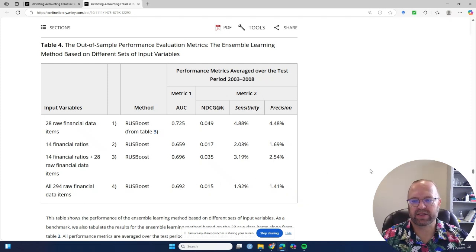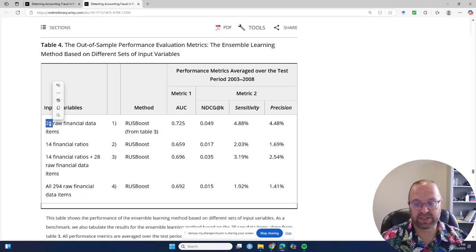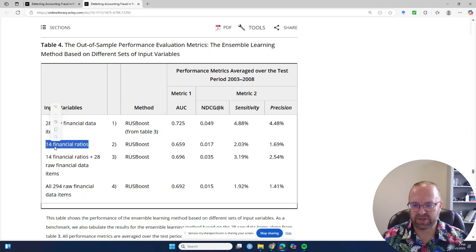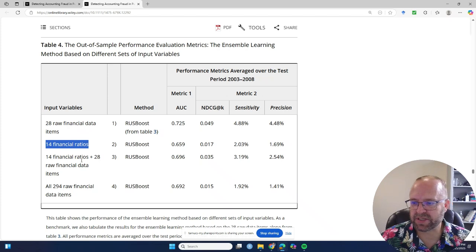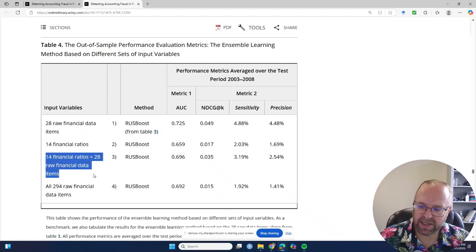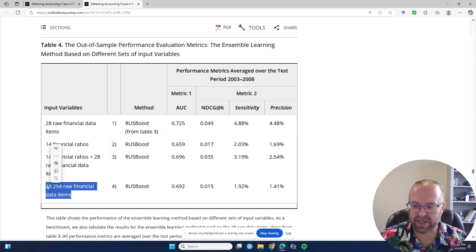The first model uses 28 financial statement items, like revenue and assets, things like that. Another one is just financial ratios, and prior research had predicted fraud using some of these financial ratios. The next one uses the financial ratios and the raw items. And the last one uses a large set, 294 raw financial items.